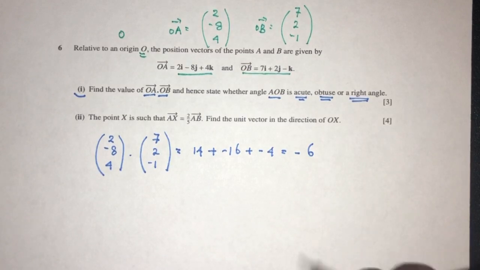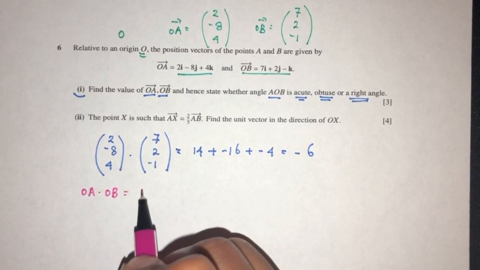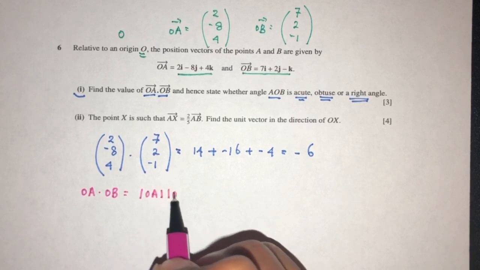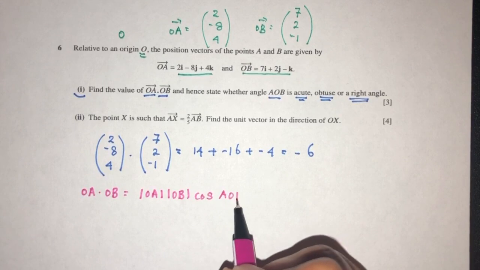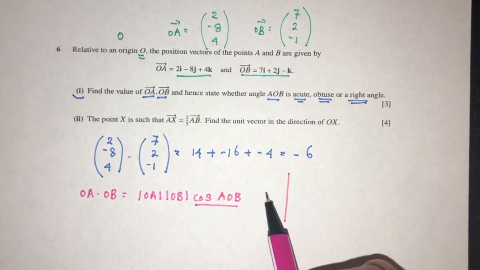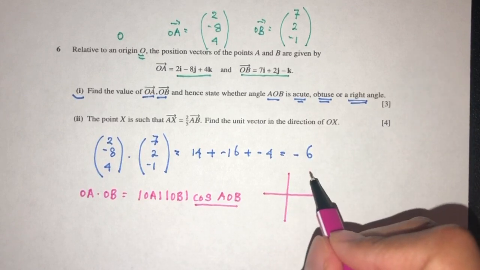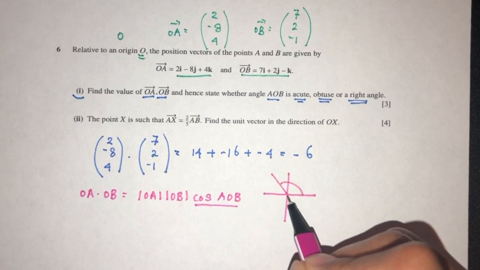Now the usual formula is OA dot OB equals magnitude of OA, magnitude of OB, and cos of the angle AOB. Now cos, when it is negative, where does it fall? Here, this is ASTC. It will be in this quadrant or in this quadrant.